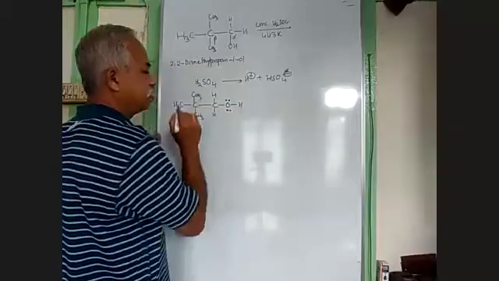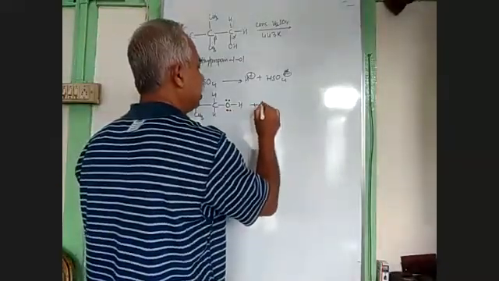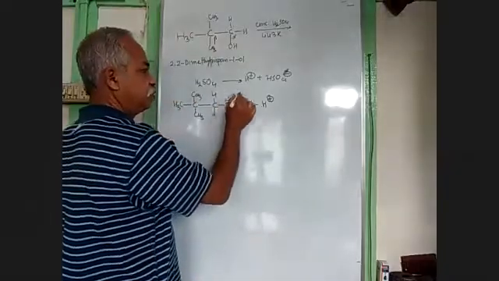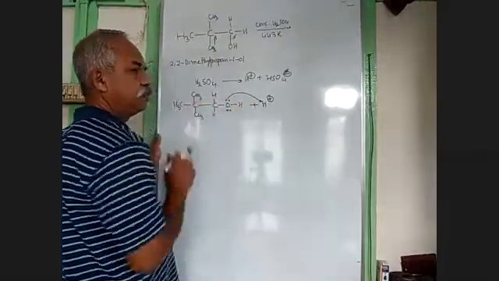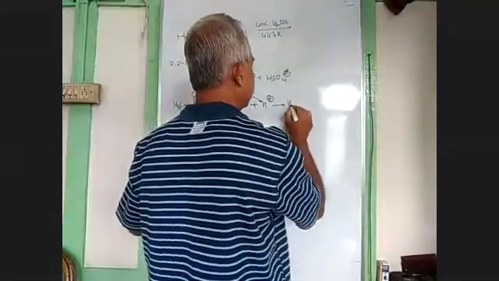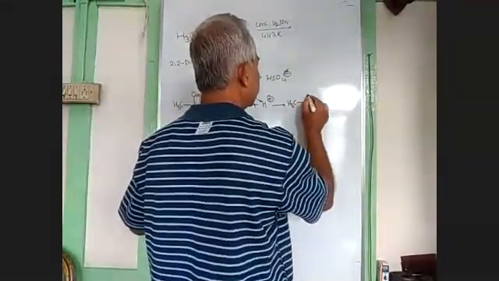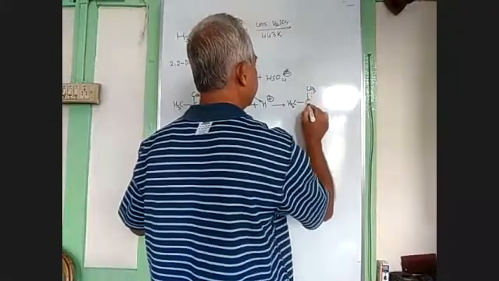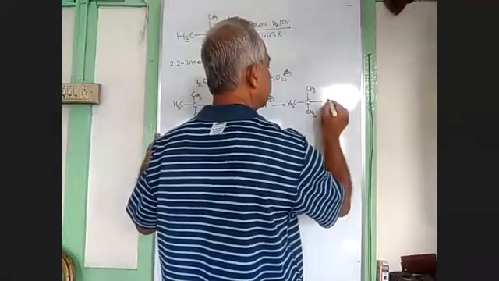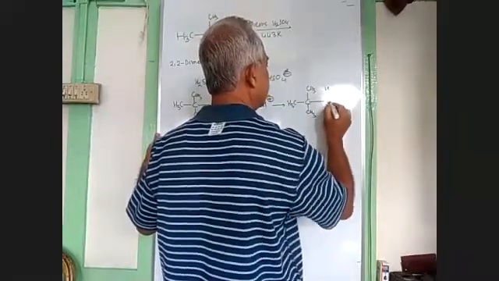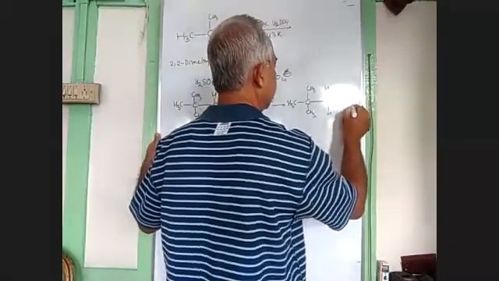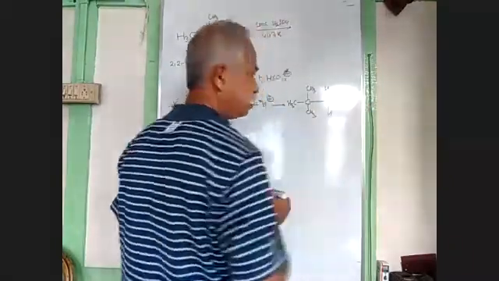This is the oxygen lone pair, and this is the proton. So you know very well, this is the donation of a pair of electrons. So what are we going to get? We are going to get the corresponding oxonium ion. Please remember, trivalent oxygens are called oxonium ion. You will form this.